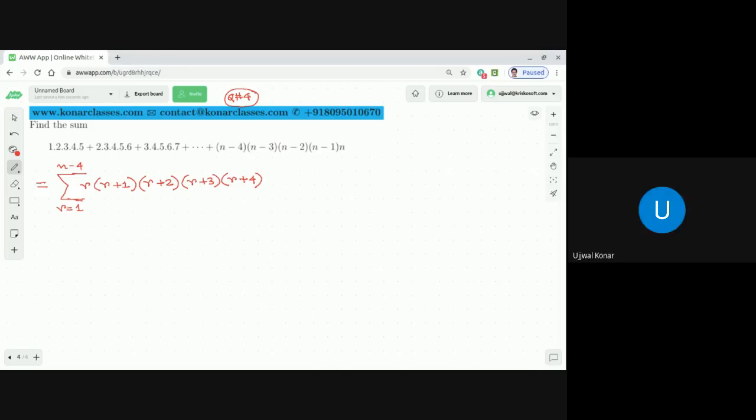But if you think about our natural number addition, we know the sum of the first n natural numbers, the sum of the squares of the first n natural numbers, the sum of the cubes, and the sum of the fourth powers. But here it is 5. How to proceed? So that route is actually closed in front of us.